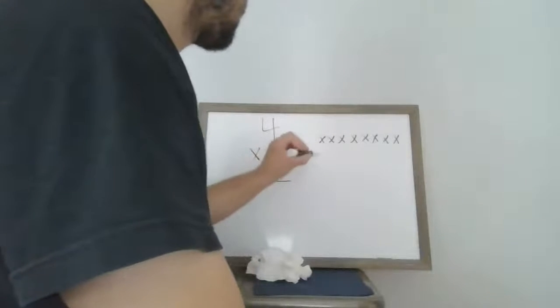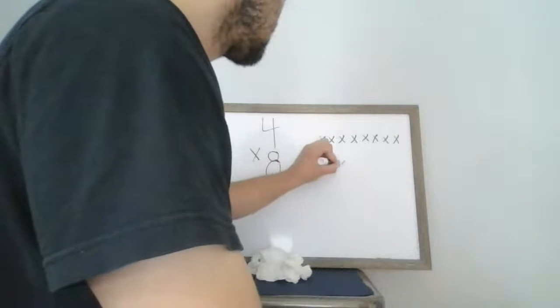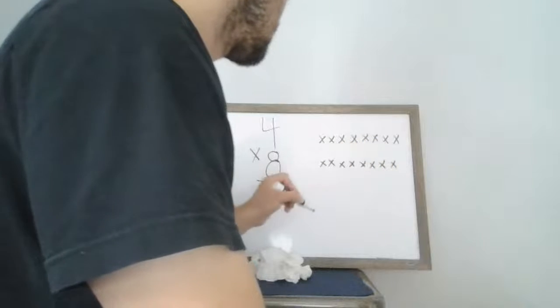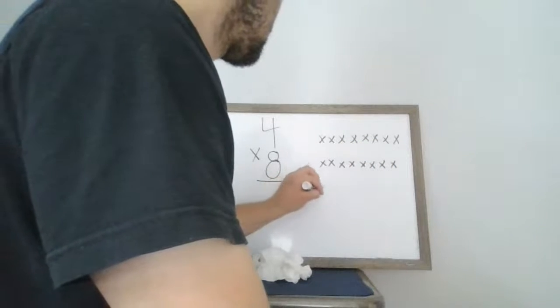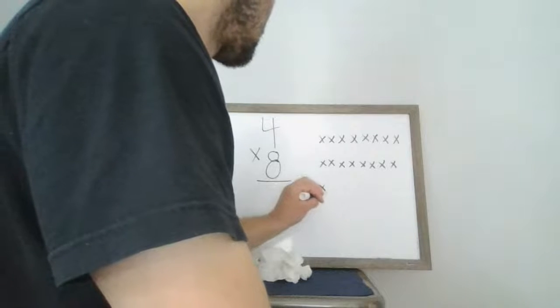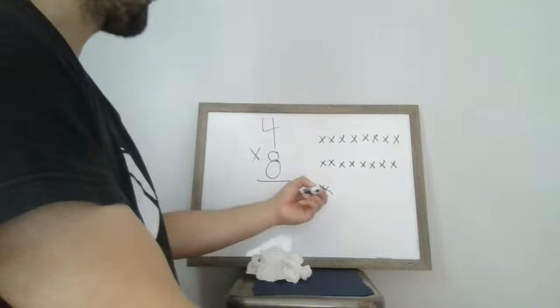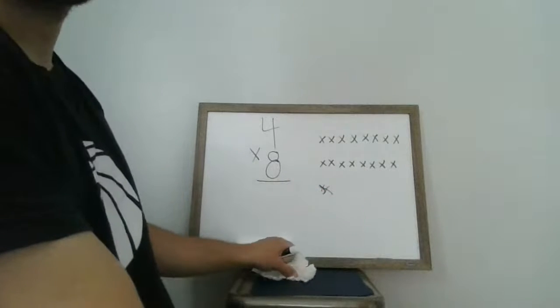So 4 times 8, let's say I have x's, I'm going to make 4 rows of x's. I'm going to space the x's out here. Remember, if they're bunched up like this, that's where you miscount. That's an example of what I've seen where it's caused students to make mistakes.